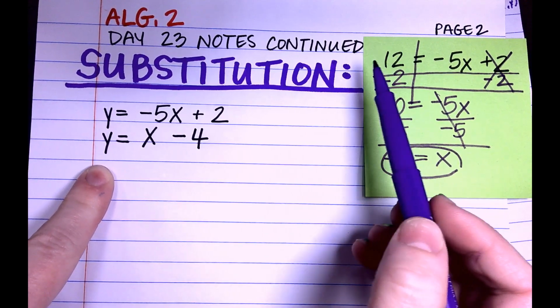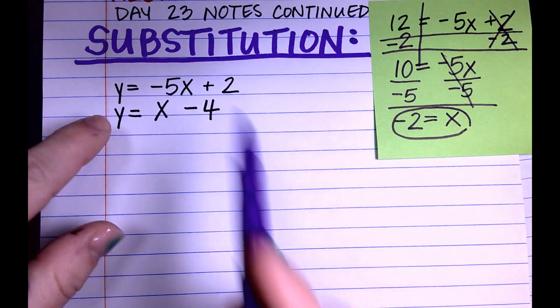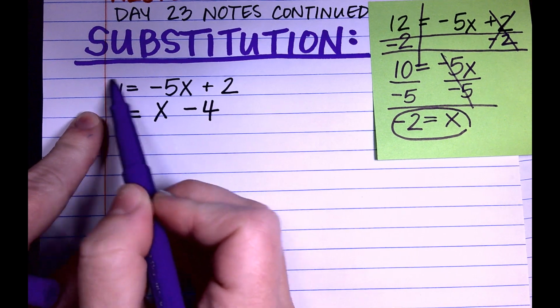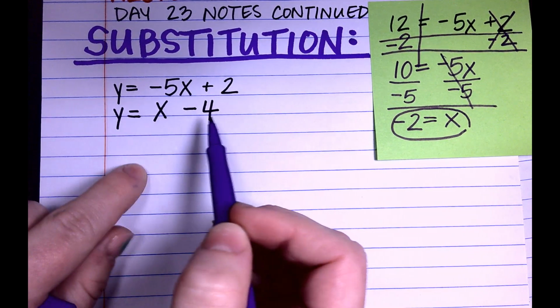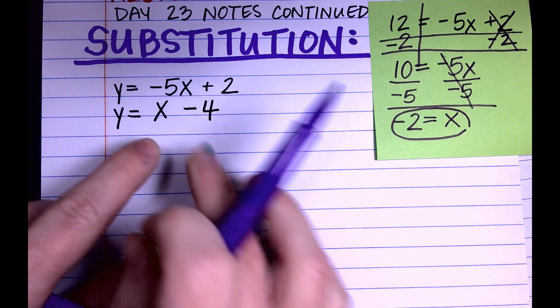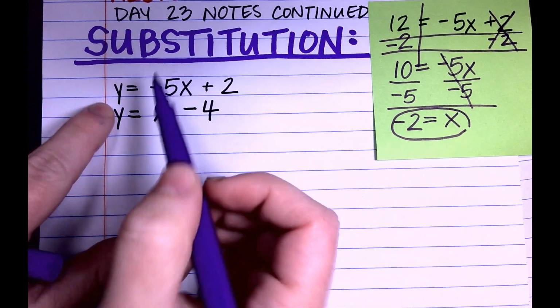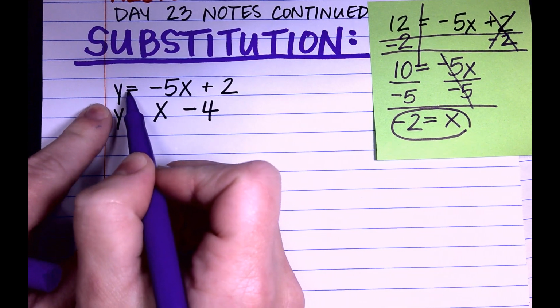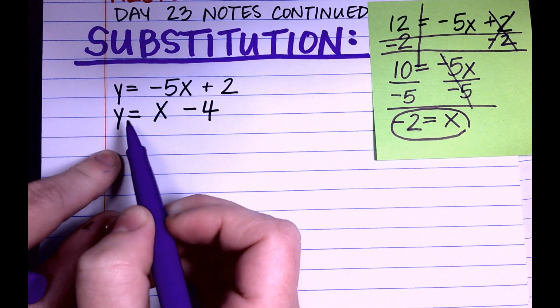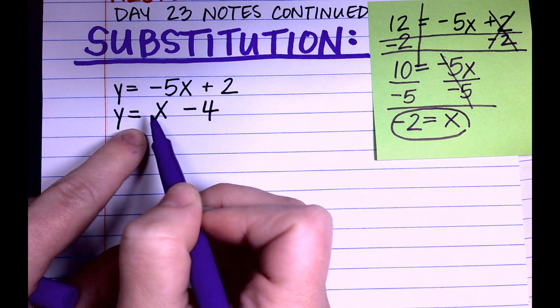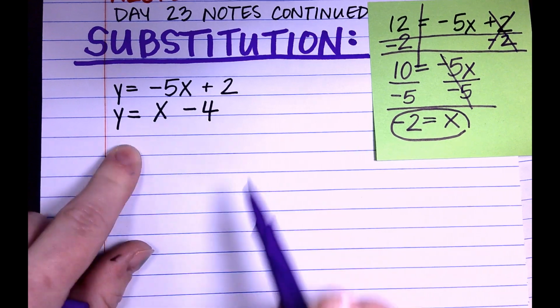I put 12. I just picked the number. Instead of putting a number in for y, we're actually going to use the value that they give us. We don't know what the value is, but I know that y equals negative 5x plus 2, and I also know that y equals x minus 4.